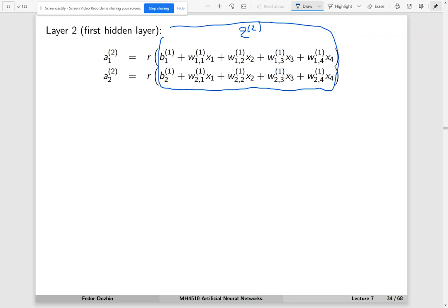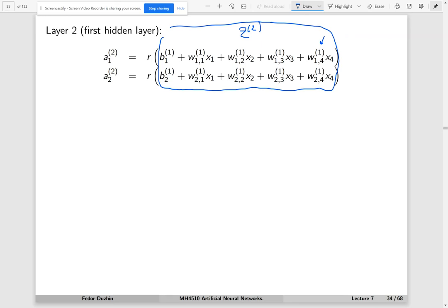Notice that the superscript here is 1 rather than 2. It is traditional in deep learning theory that parameters associated with layer k are denoted with w and b with superscript k minus 1, maybe because they represent the transformation that happens between layers k minus 1 and k.